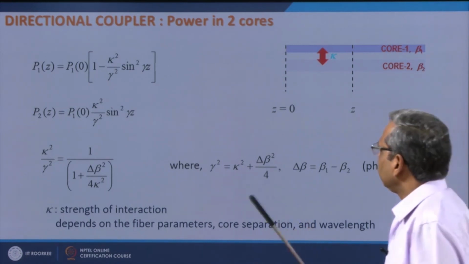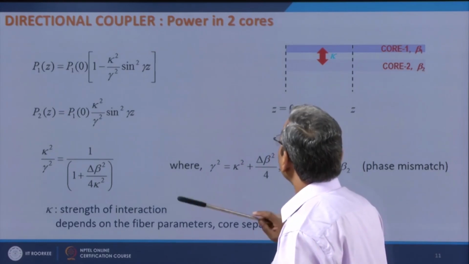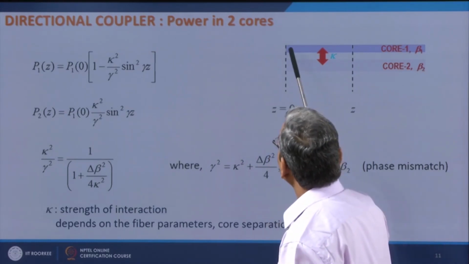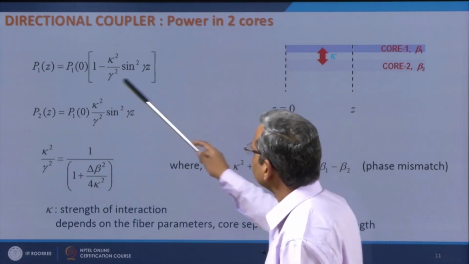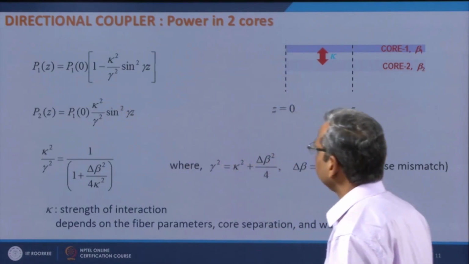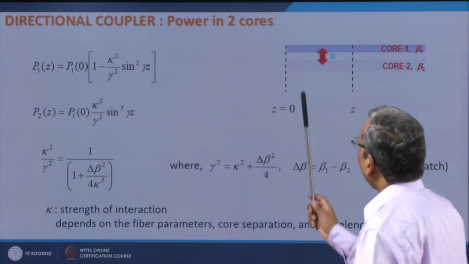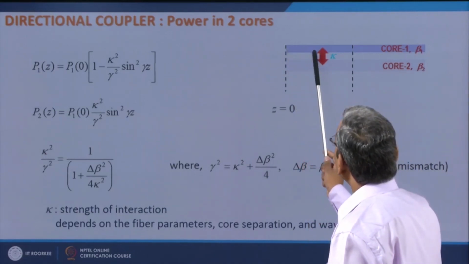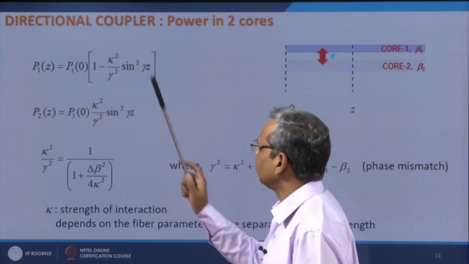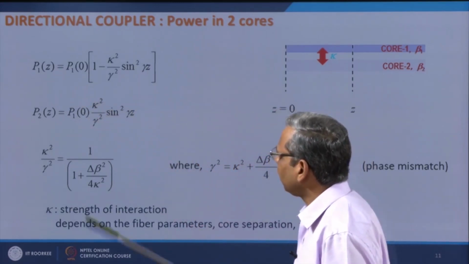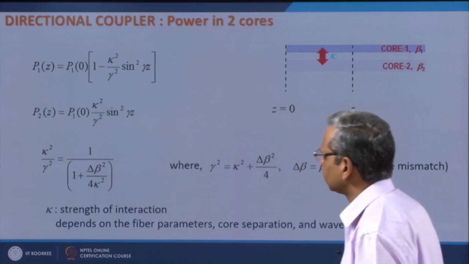Then at z equal to 0, if I have the entire power in core 1, that is P1(0) is the power in core 1, then as the light propagates along the structure, the power in core 1 varies according to this and the power in core 2 varies according to this.